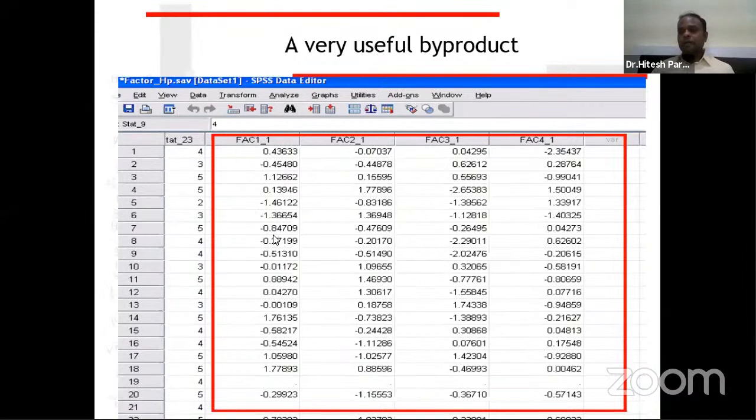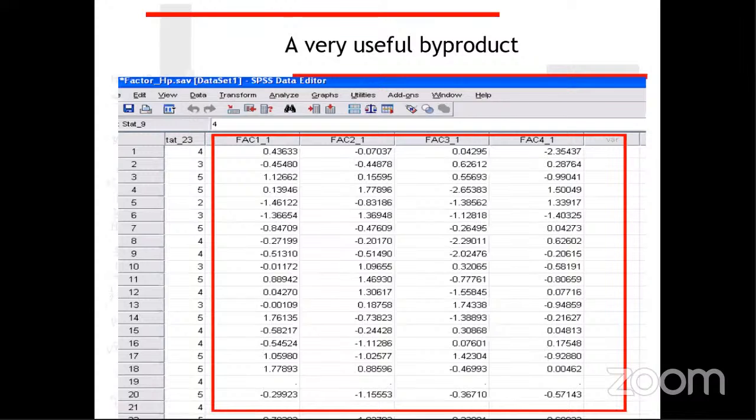These factor scores are the standardized values. If you calculate the mean of this column, it will be 0. If you remember, yesterday we discussed standardization. So these values are standardized, which will have on an average a mean of 0 and standard deviation of +1 to -1.